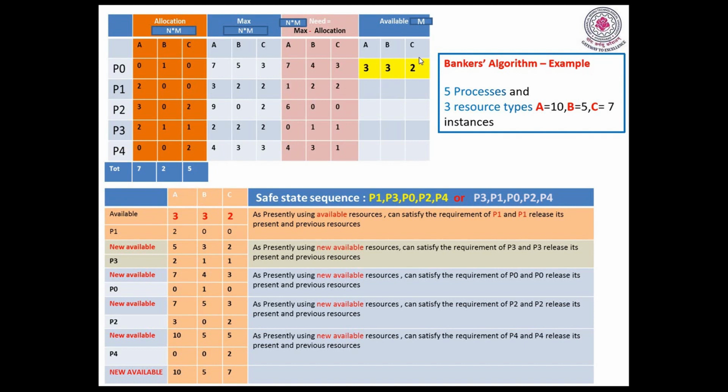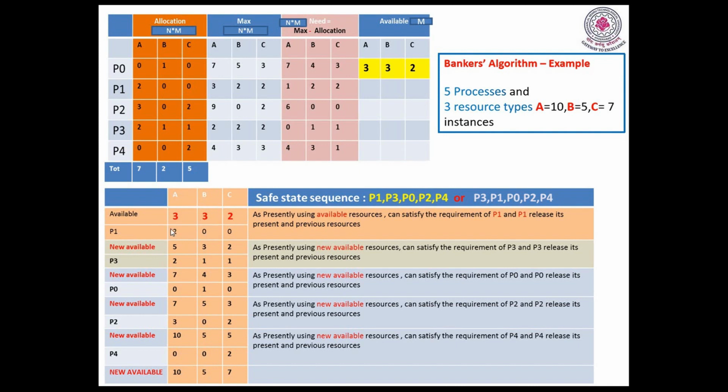So the freely available resources are allocated to P1. At present, how many resources are available? 3, 3, 2. Once I allocate the resources to P1, the available resources can satisfy the requirement of P1, and P1 releases its present and previously allocated resources. Presently, I am allocating resources, and previously allocated resources must also be released. Let us look into this.